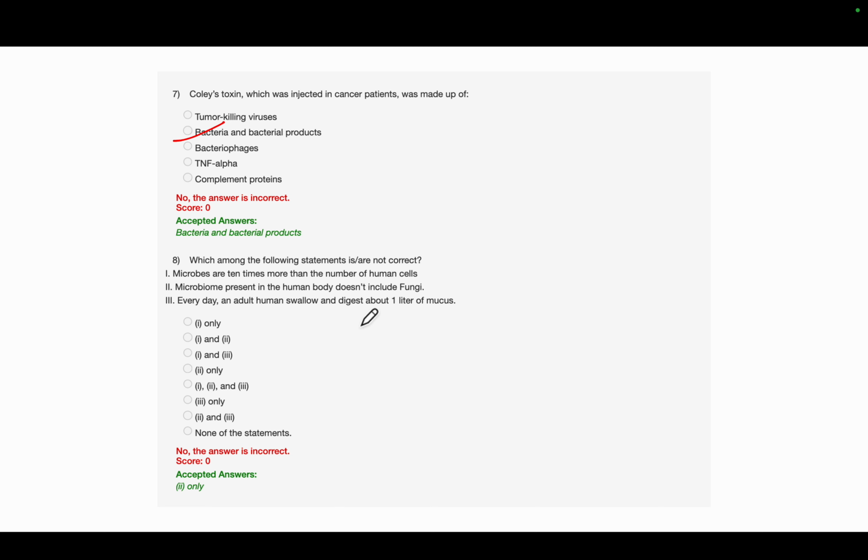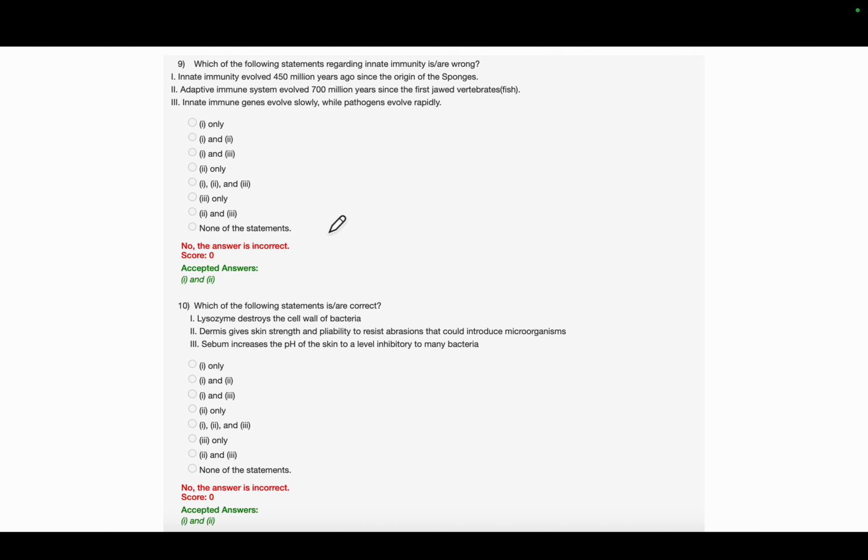Every day, an adult human swallows and digests about 1 liter of mucus. The options are 1 only, 1 and 2, 1 and 3, 2 only. So the option will be 2 only. Microbes are 10 times more than the number of human cells, this is true. And every day an adult human swallows and digests about 1 liter of mucus, this is also true.